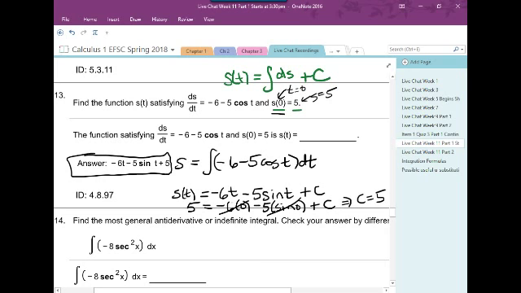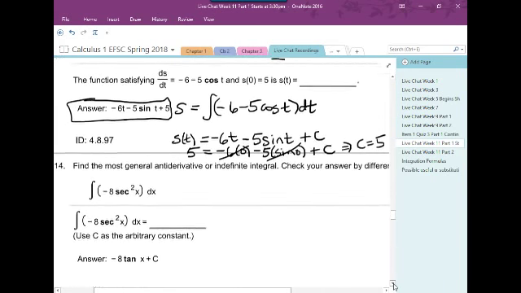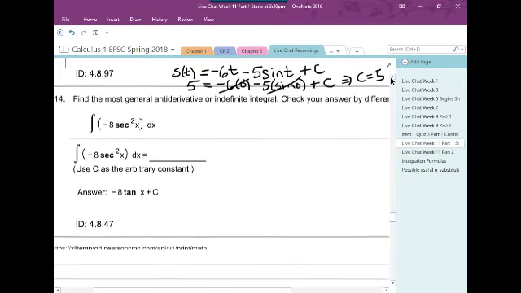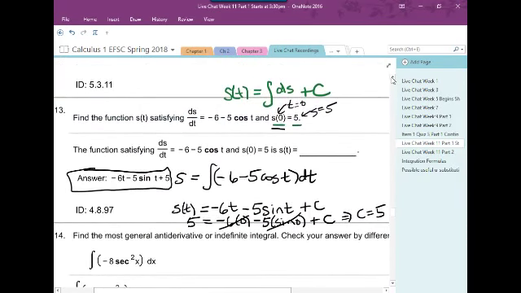Okay? So when you're given the derivative and a point on the curve, then you can always go back and find the original function. Let me leave that for a minute in case you have any questions.